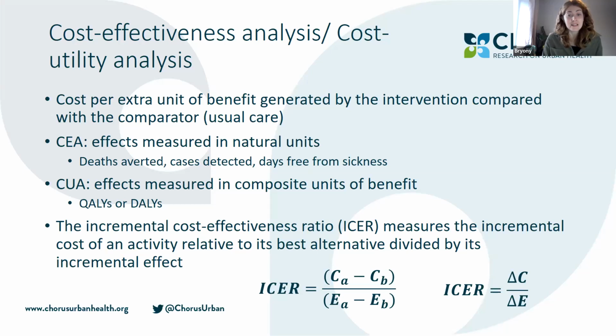So the ICER is calculated as the difference in costs divided by the difference in benefits of the alternatives being compared. And this allows us to compare the relative cost effectiveness of the alternatives to identify the best option. Next slide, please, Tim.